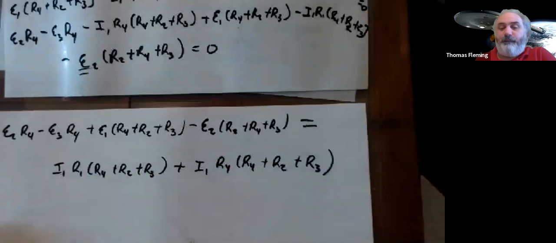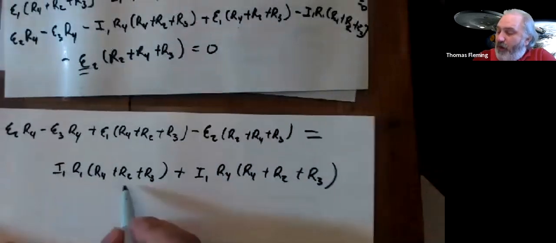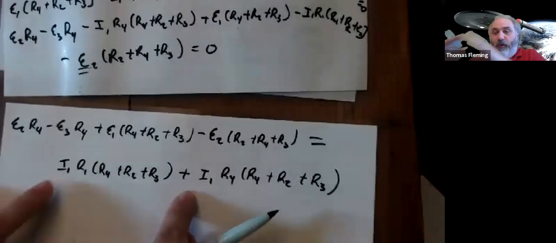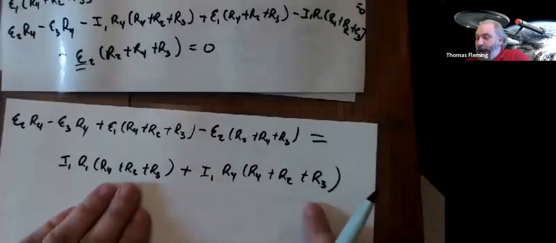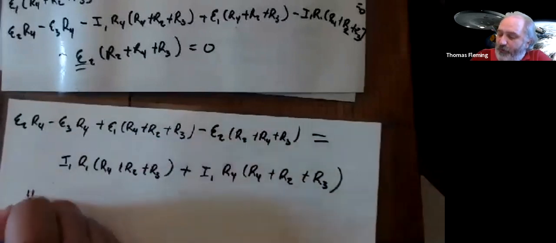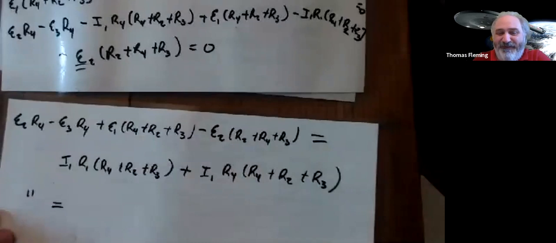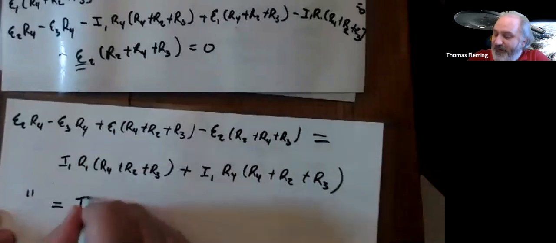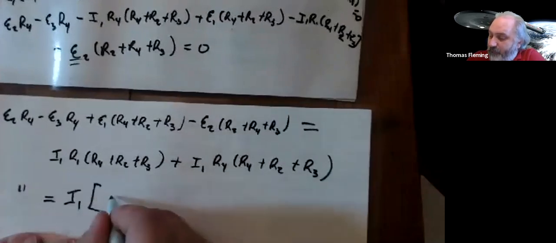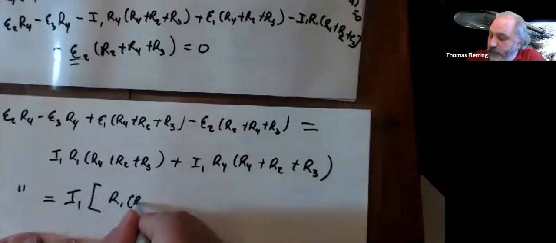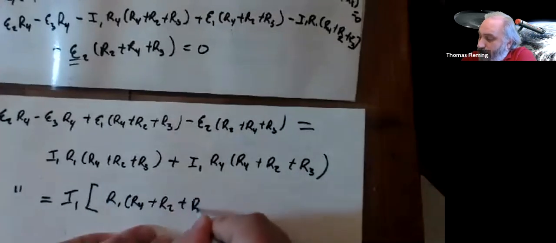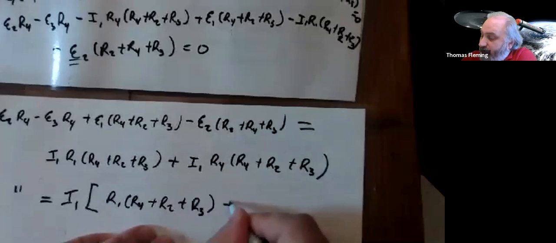Now I've got I1 times one term plus I1 times another. Factor out the I1s. It's going to equal I1 times this plus this. I'm not going to write all this over again, so I'll put ditto equals, and then I1 times this plus this.